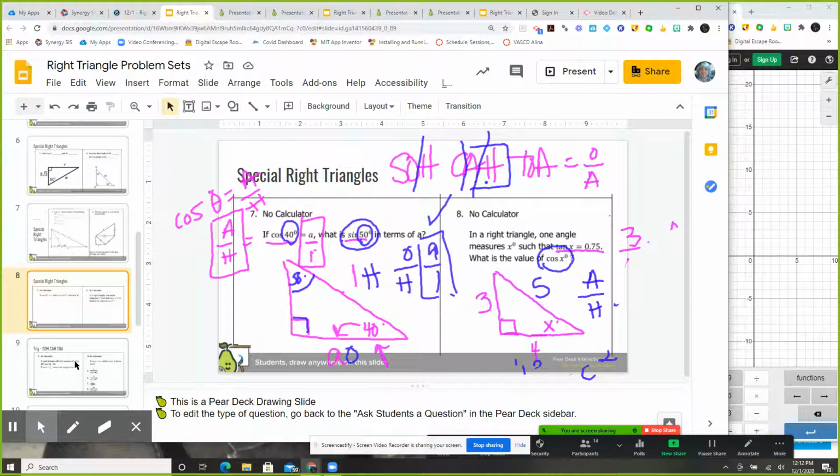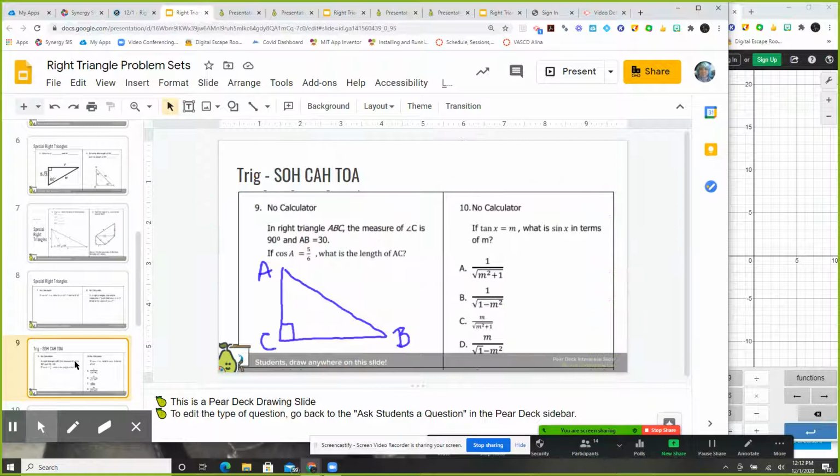So side AB, the distance between A and B, that side, that's the hypotenuse.